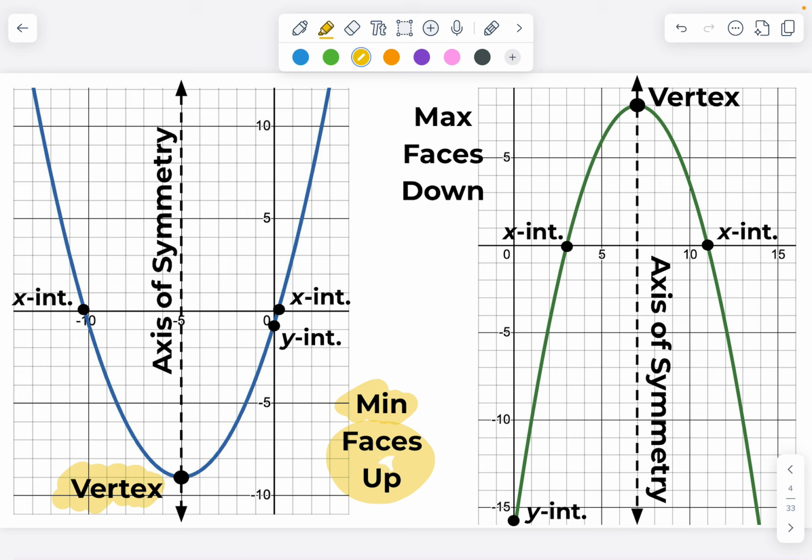So we go from that point facing up. And then we also have our axis of symmetry that runs through our vertex. So our axis of symmetry cuts our graph in half, and anything that is on the left is then reflected onto the right side.